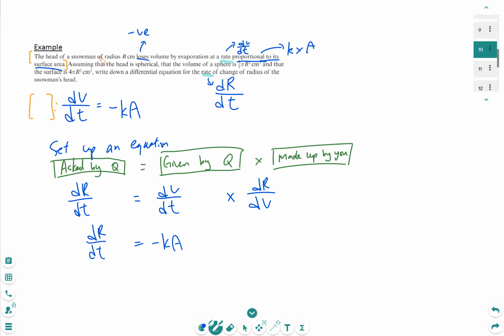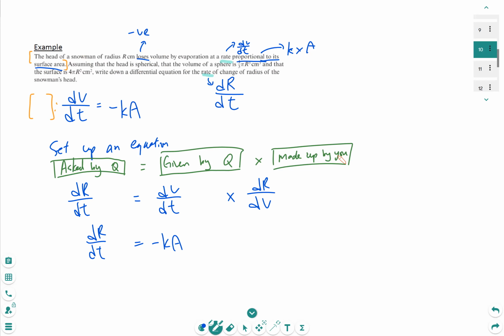We are investigating every single word in this paragraph. Sometimes you have to dissect the word, and apply the math to the English. So loses means negative because the rate of change is negative. Proportional means k times a. And then we want to work out another rate, which this time is dr over dt.